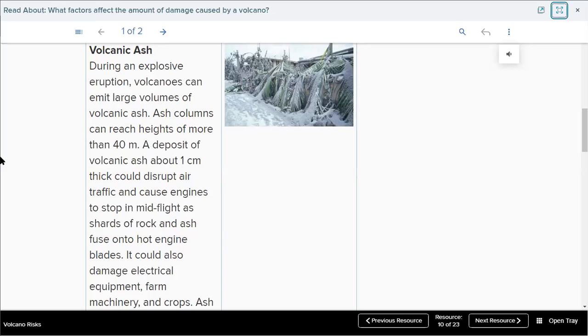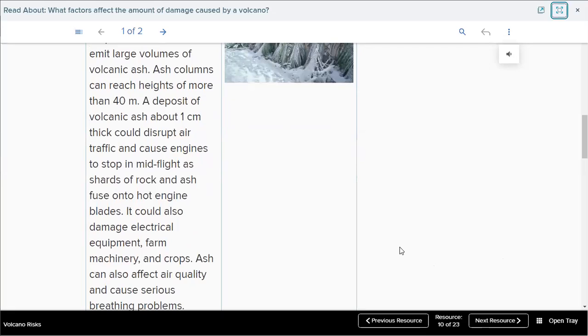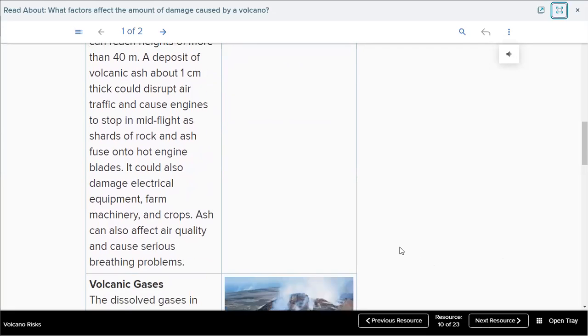A deposit of volcanic ash about 1 centimeter thick could disrupt air traffic and cause engines to stop in mid-flight, as shards of rock and ash fuse onto hot engine blades. It could also damage electrical equipment, farm machinery, and crops. Ash can also affect air quality and cause serious breathing problems.